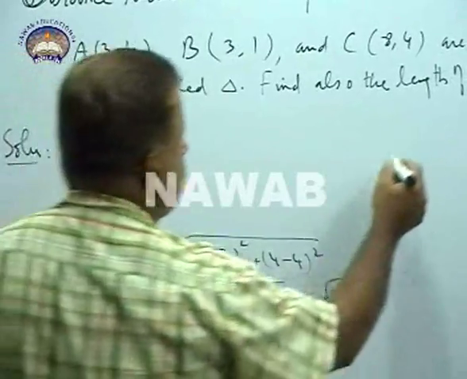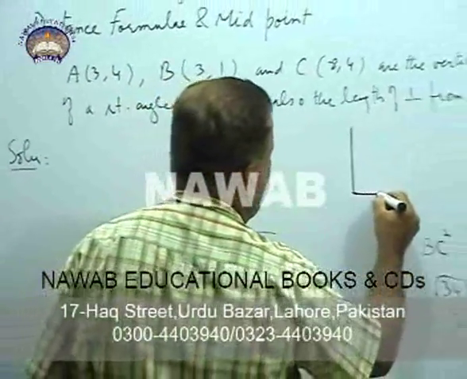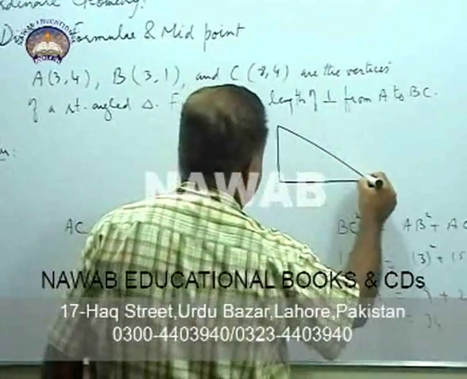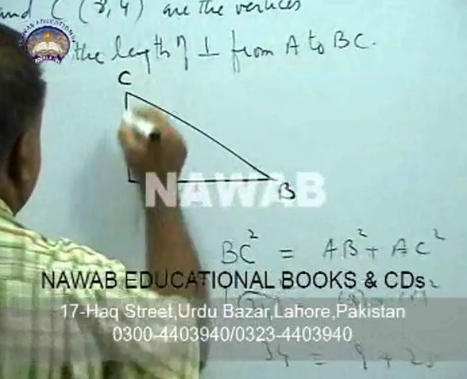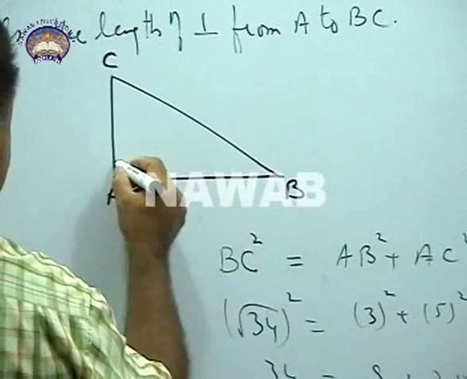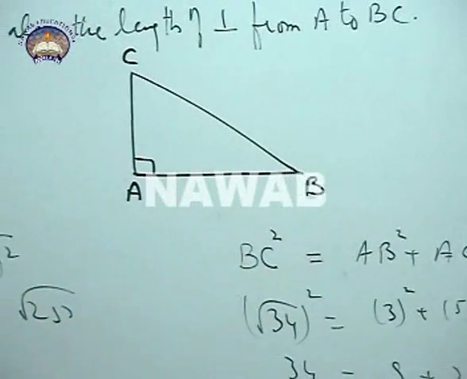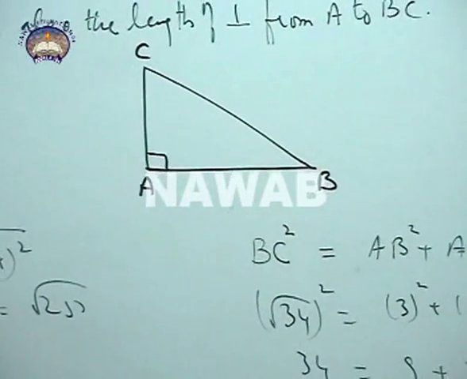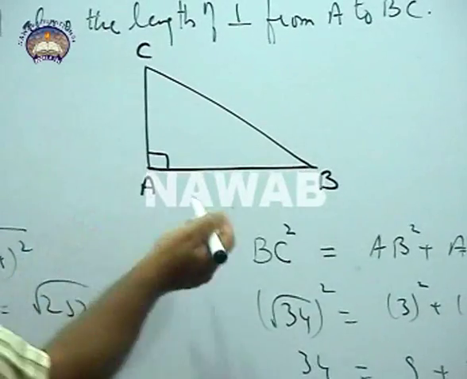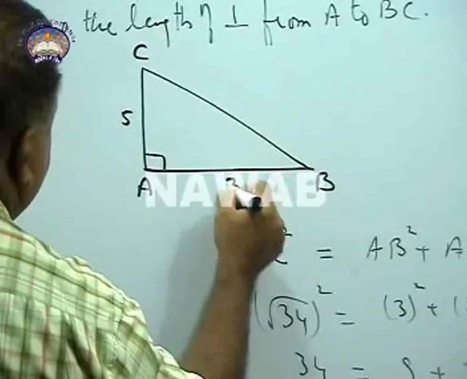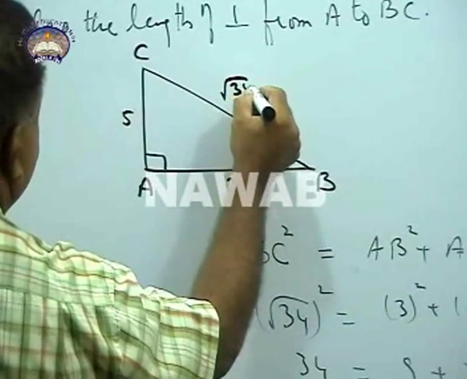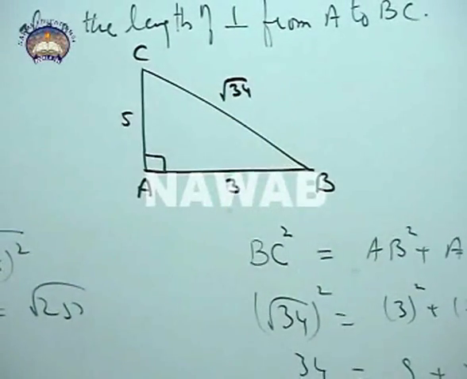If we make a sketch of this triangle, then ABC is the triangle, and A is basically the right angle of this triangle. So now we have calculated AC as 5 and AB as 3, and BC as square root of 34.